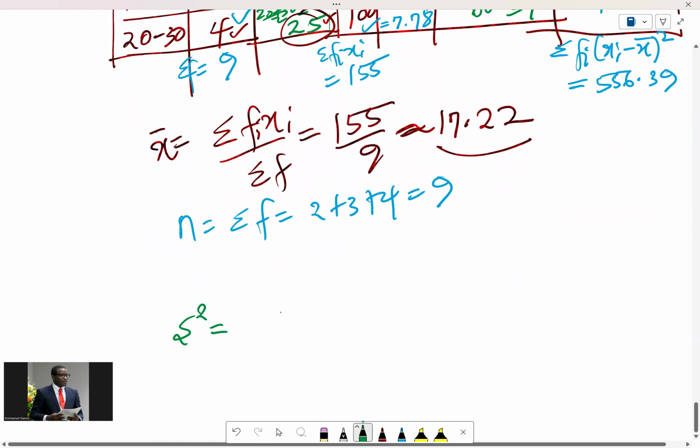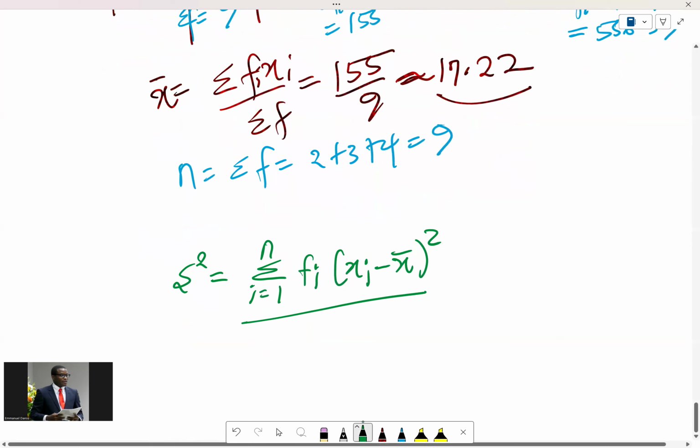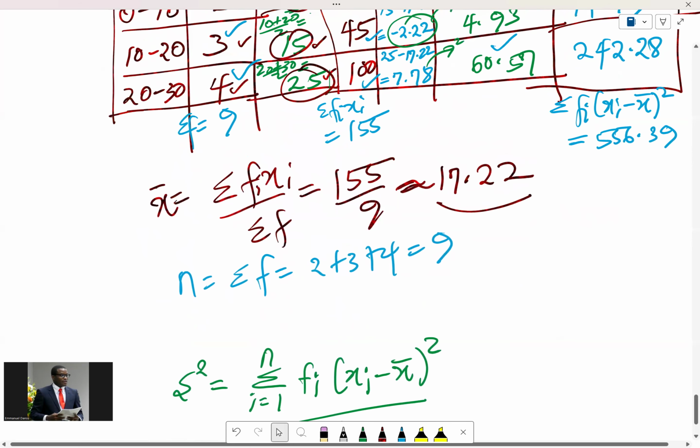That should be the summation from i equals 1 to n of f_i times (x_i minus x bar) squared, the product of the frequency times the square of the deviation, all divided by n minus 1, which is the same thing as the summation of f minus 1. Okay, so this is the formula in this situation.